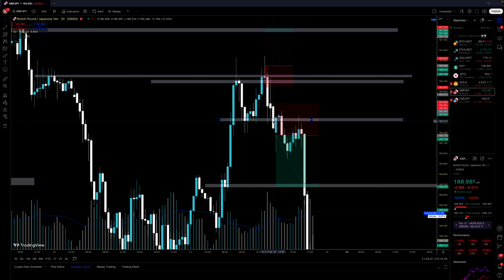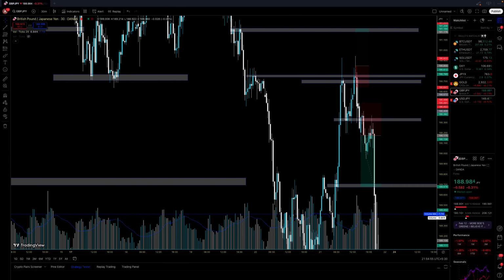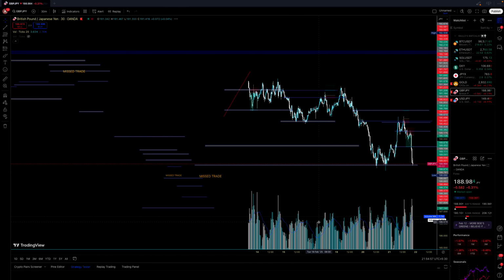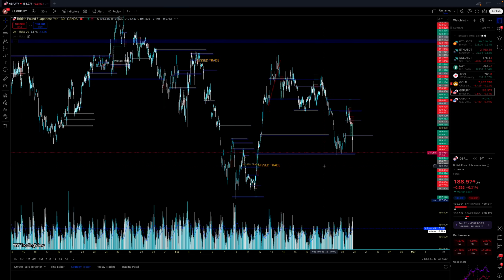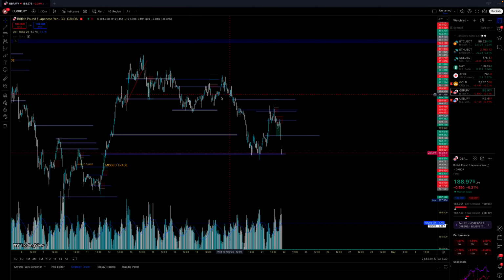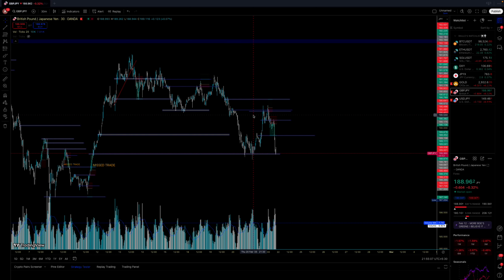My daily bias for GBJPY was bullish, but now I have to change my bias, because what we are seeing overall, if you consider this, is a downtrend. GBJPY is in a downtrend.